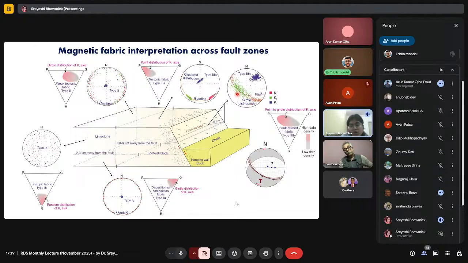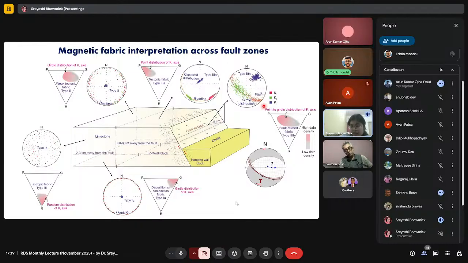Each of these cores gives us three AMS axes, K1, K2, K3, and this girdle is defined by the overall orientation of the K1 and the K2 axis. So, if I understand clearly, when we are talking about a particular slickenlineation, it will be a perfect cluster if it is related to one particular event.